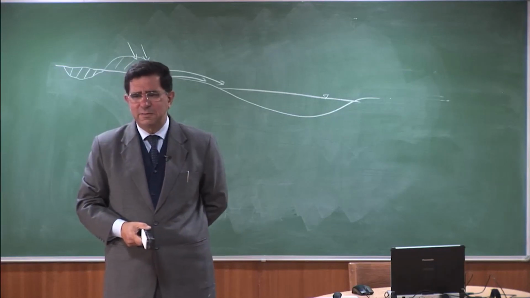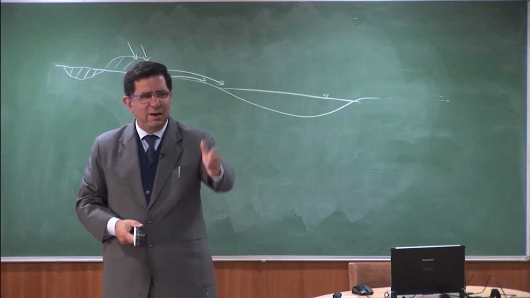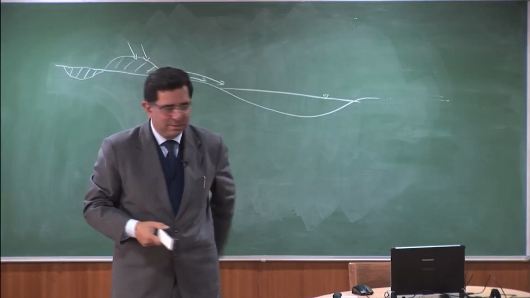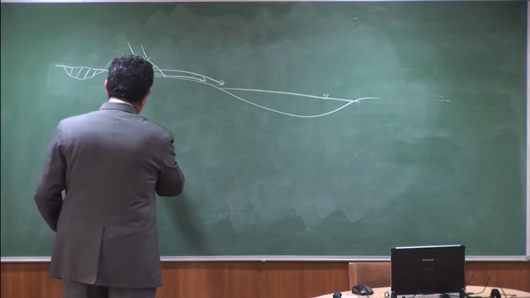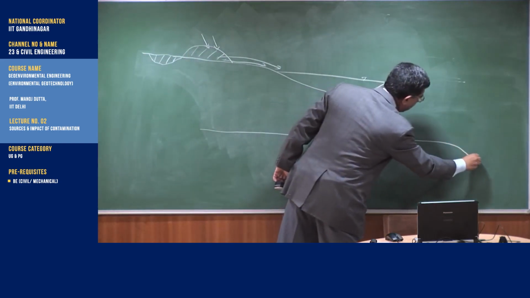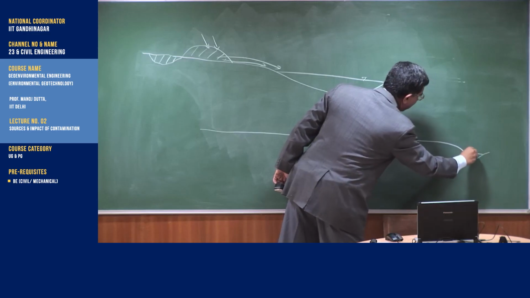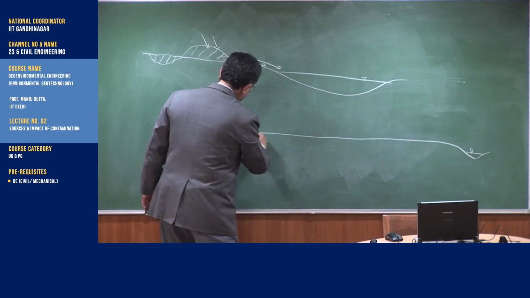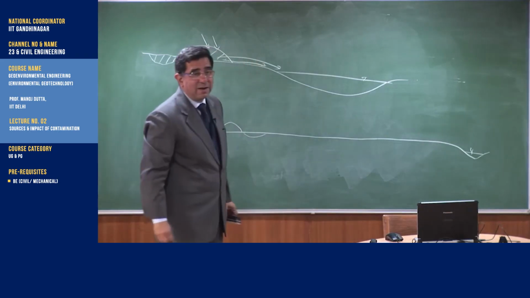How many kilometers? It's closer to CRRI than it is to IIT Delhi. So 10 kilometers away. So in such a situation, that's a totally different situation. What is likely to happen?